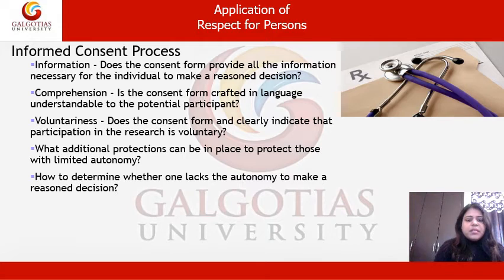Voluntariness: does the consent form clearly indicate that participation in the research is voluntary? What additional protection can be put in place to protect those with limited autonomy? How do we determine whether one lacks the autonomy to make a reasoned decision?